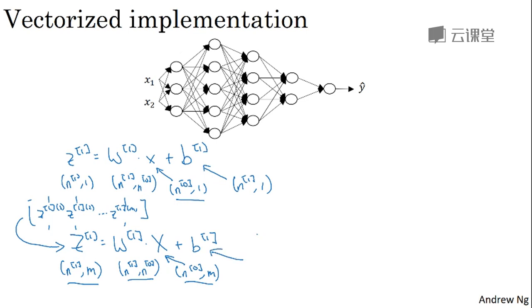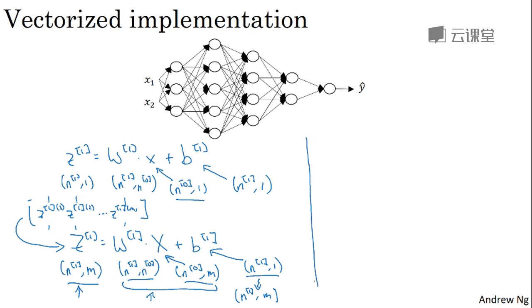Now the final detail is that b1 is still n1 by 1, but when you add it, then through Python broadcasting, this will get duplicated into an n1 by m matrix and then added element-wise.